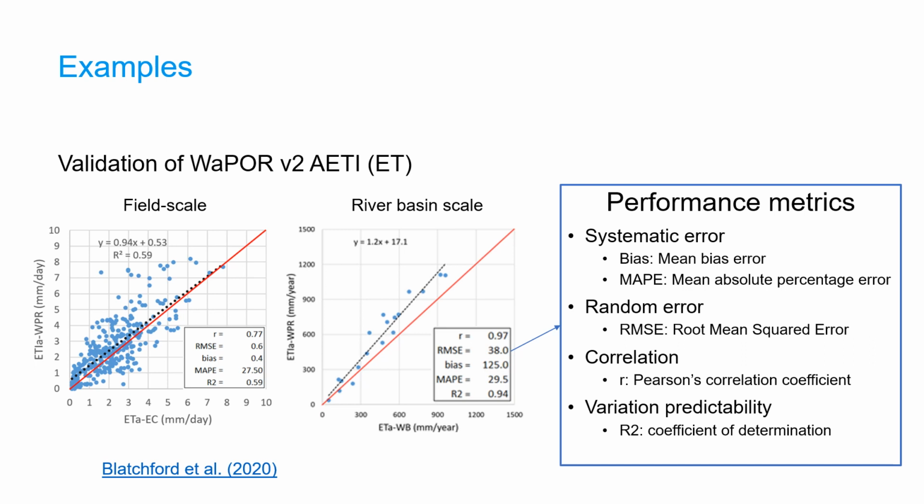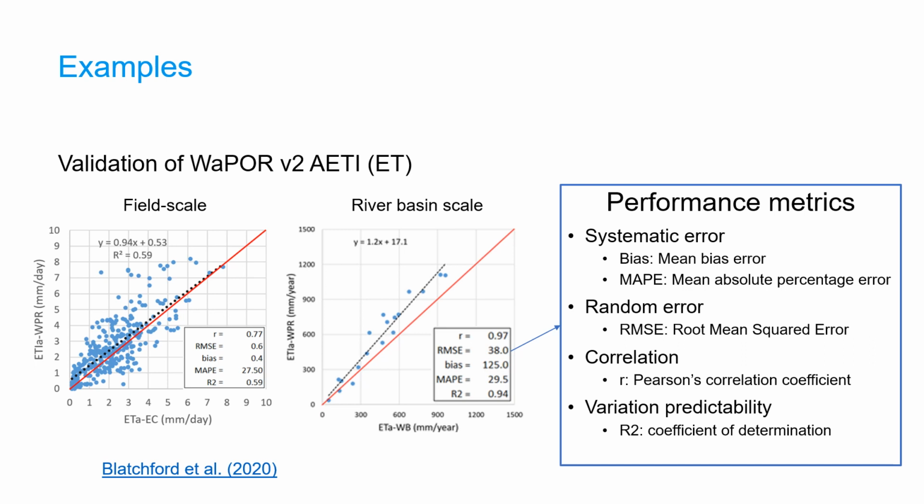Root mean square error includes random error, and correlation coefficient shows the linear relationship between remote sensing data and reference data. Here, WaPOR version 2 AETI datasets are shown to have a strong linear relationship with water balance derived AET at the river basin scale, as shown by R and R square.